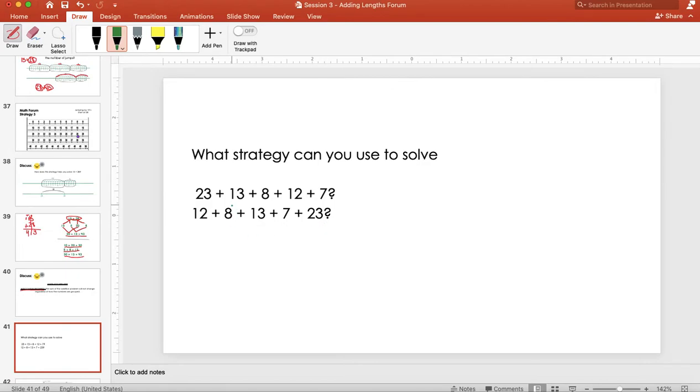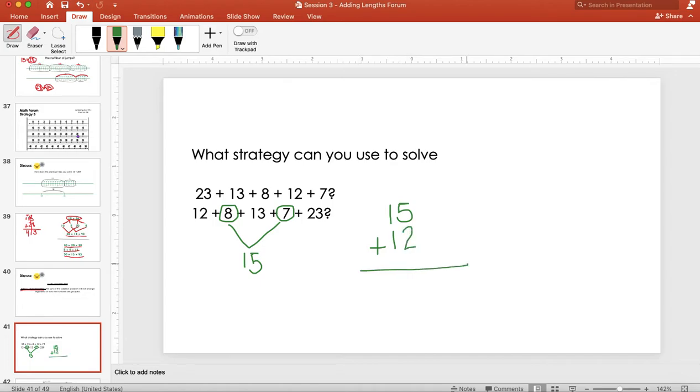Okay, I'm going to add my 8 and my 7 together again because I know 8 plus 7 equals 15. Then I'm going to add 15 plus 12.